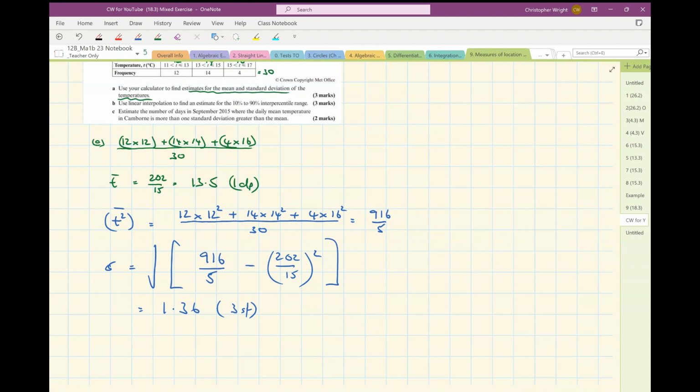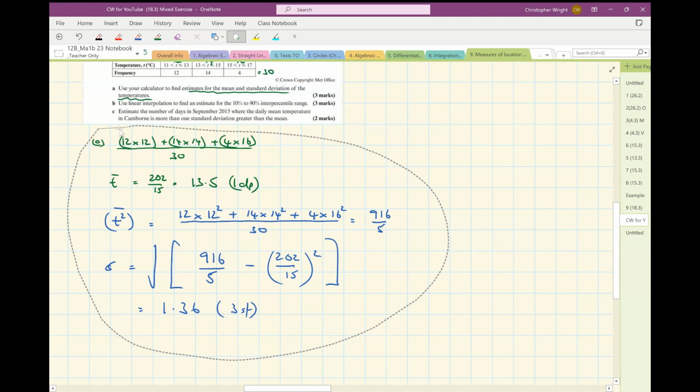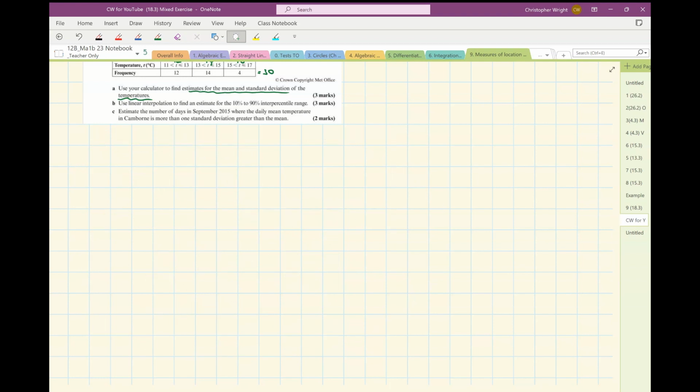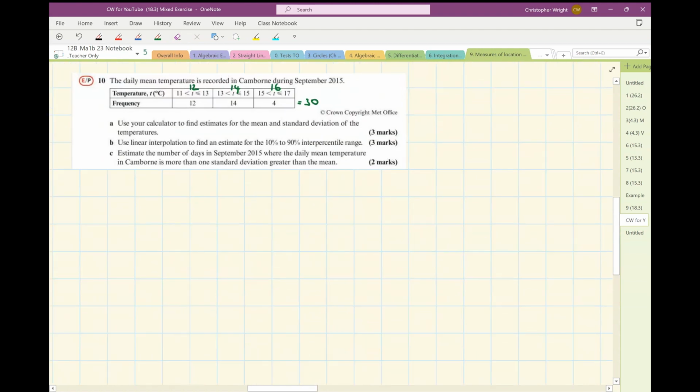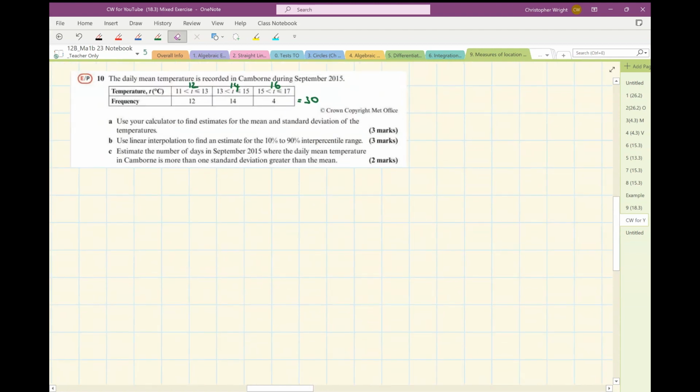Right, part B. Let's get rid of this. Use linear interpolation to find an estimate for the 10% to 90% interpercentile range.